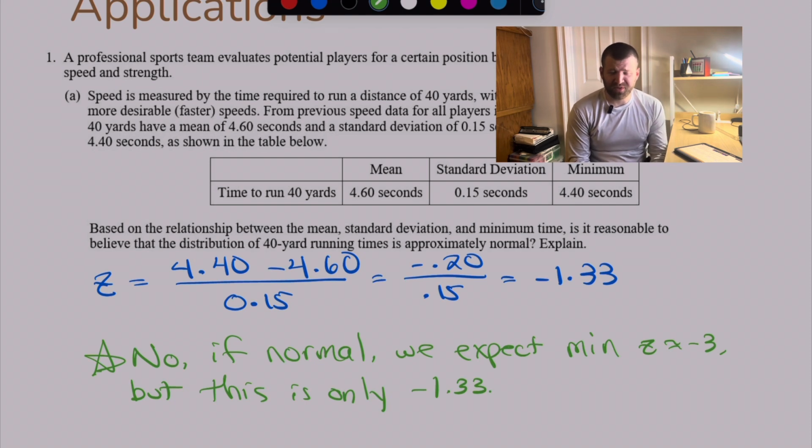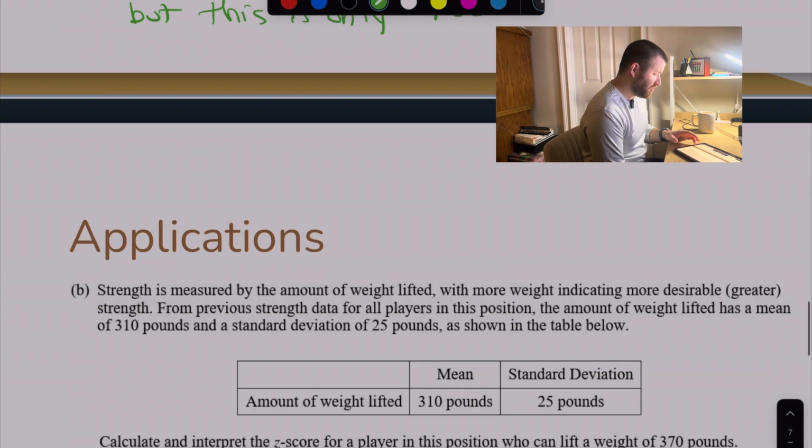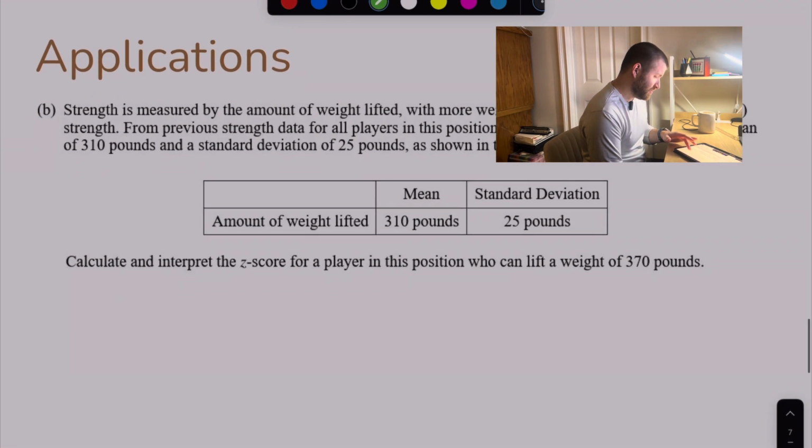Obviously, it's not going to be perfect. But in this case, 9 to 10% of our data should be below 4.4, but it's not there. So in this particular case, we do not have evidence that the running times here follow a normal distribution.